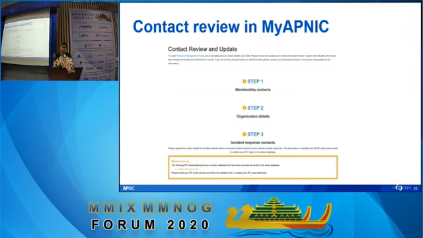You need to log into that email address and click on the validation link to validate that your email address is still working and correct. Failing to do this, we will temporarily lock your account until you complete this step. So this is the recent policy change to the IRT contact.